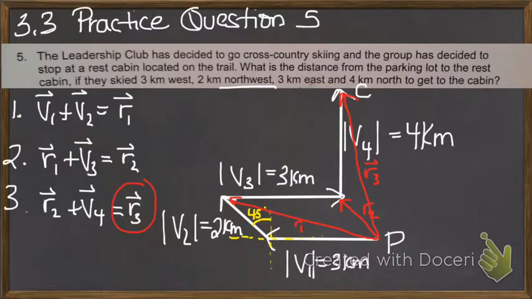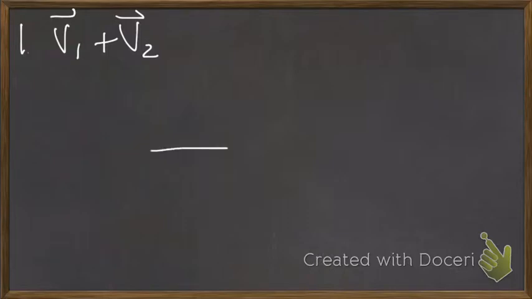So let's get started here. I'm going to go to a new slide, and I'm going to do step 1. So for number 1, we need to do V1 plus V2. Now again, you can sketch it again to get a better picture of what's going on. We have a vector going this way for 3, and then we have a vector going northwest. So think about what this angle must be, right?